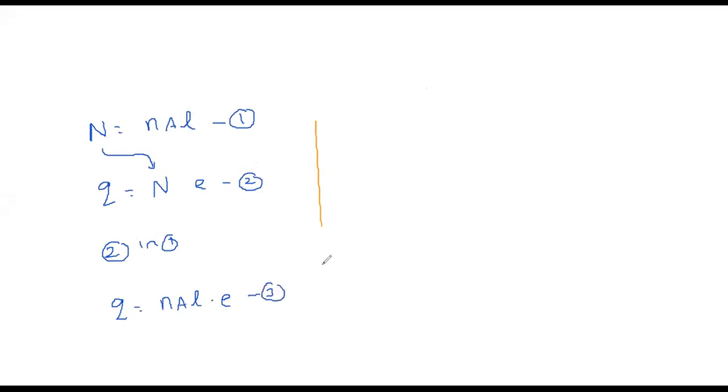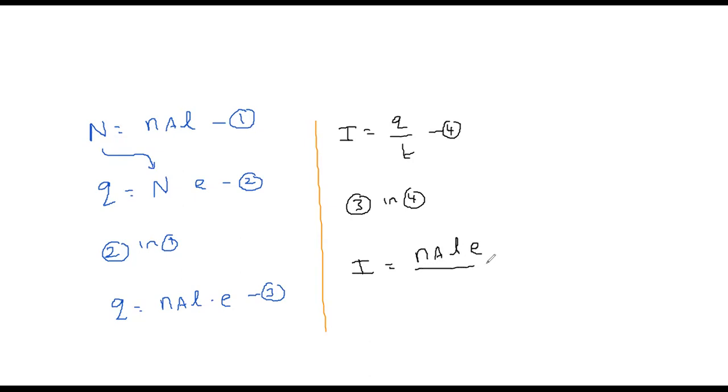Our ultimate goal is what? Finding the current. Current I is equal to what? Charge by time. Equation number 4. Substituting the third equation in the fourth equation, what are we getting? I is equal to nALe by time.